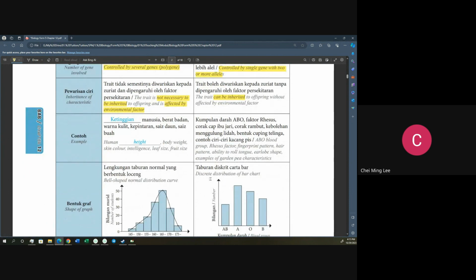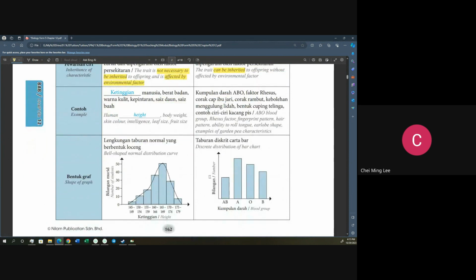Now, for example, for continuous variation, we have human height, body weight, skin color, intelligence, leaf size, and fruit size.